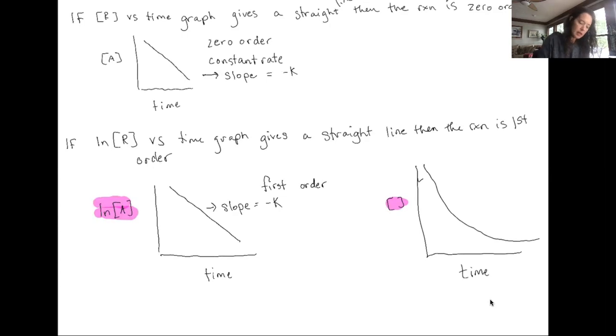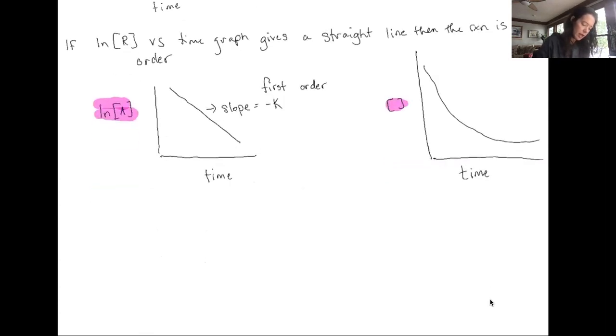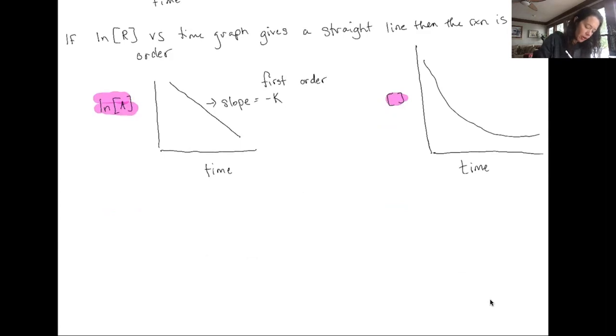Okay, and that's ugly. I need to clean that up for myself, my ADD, or my OCD rather. I've got both, right? I'm a hot mess. Now, this is still first order, but it is not a straight line because it's not the natural log. It's just the concentration. This is first order.